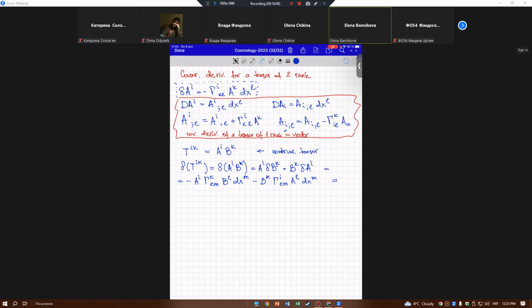So we can take out dx^m. And we have A^i B^l gamma^k_lm plus B^k A^l gamma^i_lm.